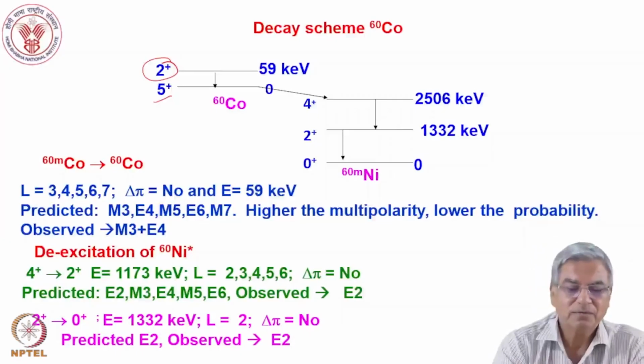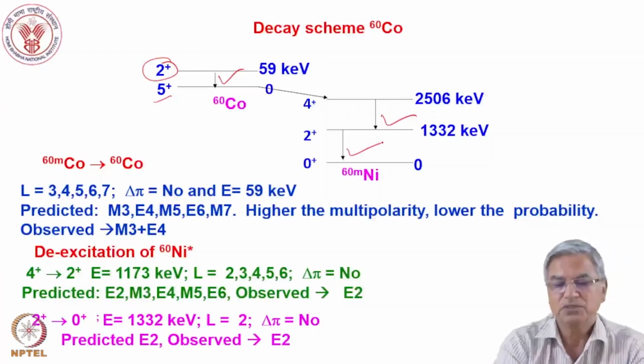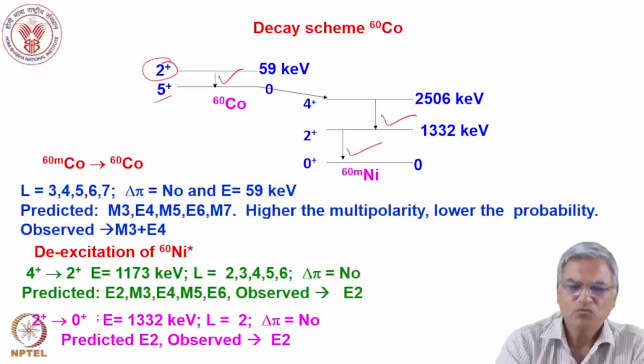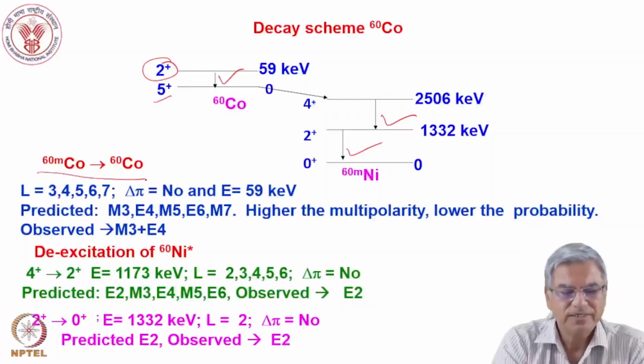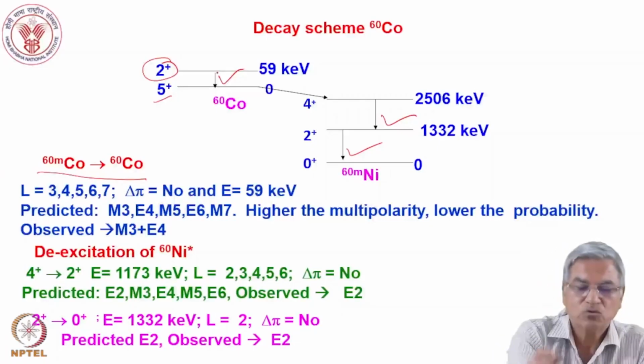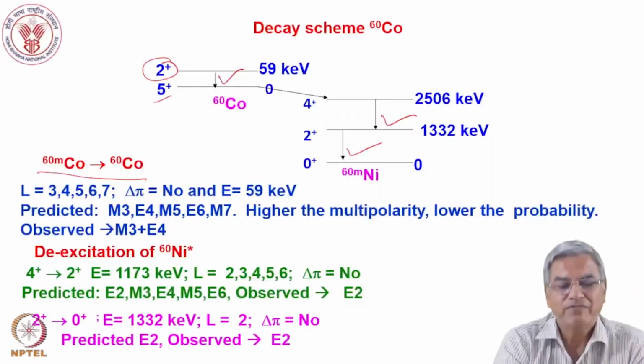We will see the multipolarity of this transition based on the selection rules discussed previously. For the first transition, let us say cobalt-60 metastable state to cobalt-60 ground state, I_I is 2 and I_F is 5.